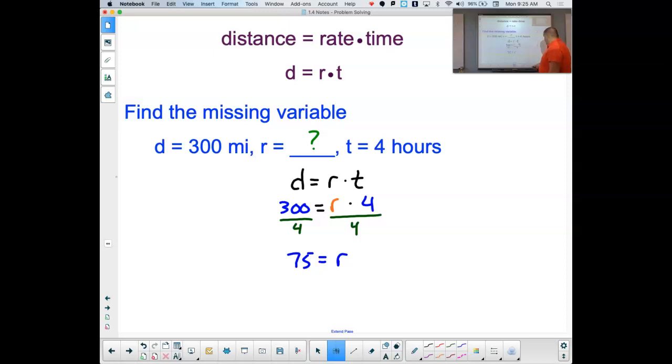And so the label here then would be 75. In this case, this was miles, and 4 was hours. So that's miles over hours. So you could leave it like that, or you could write it as miles per hour.